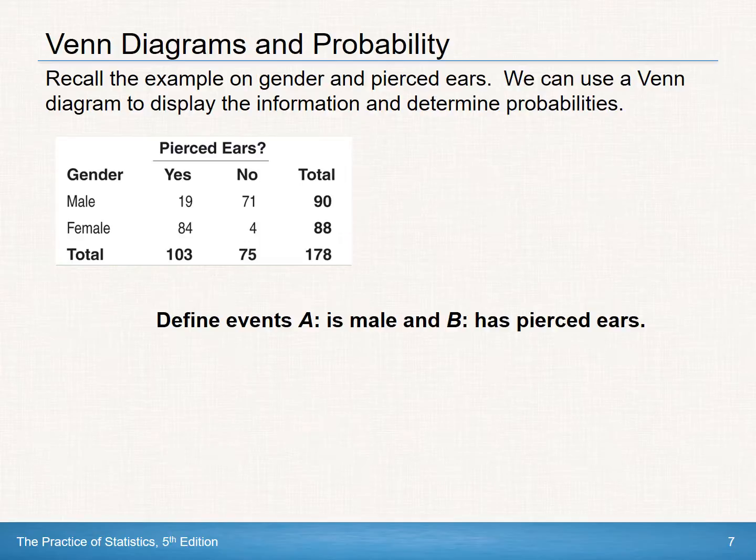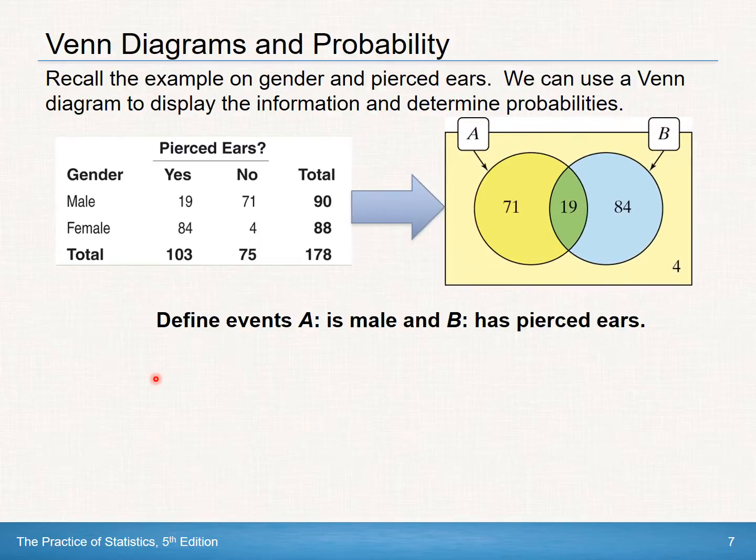Recall the example on gender and pierced ears. We could use a Venn diagram to display the information and determine probabilities. Remember, event A is being a male, and event B is having pierced ears. If you make this a Venn diagram, for event A, being a male, there were a total of 90 males, 71 did not have pierced ears, 19 did.